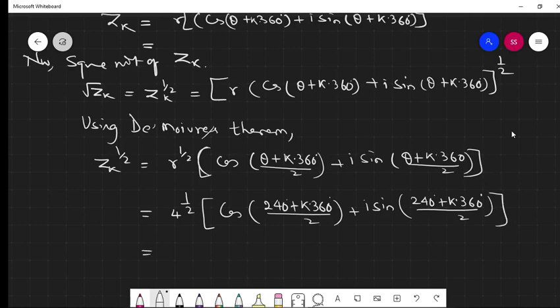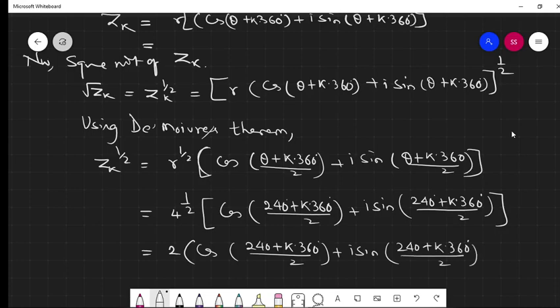Then we can simplify this: 4 to the power 1 by 2 is 2, times cos of 240 plus k times 360 by 2, plus i sin of 240 plus k times 360 degrees by 2.